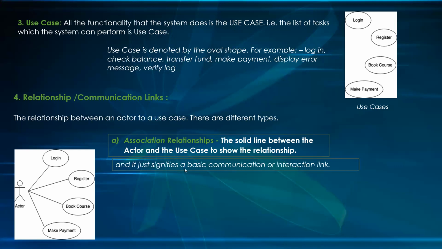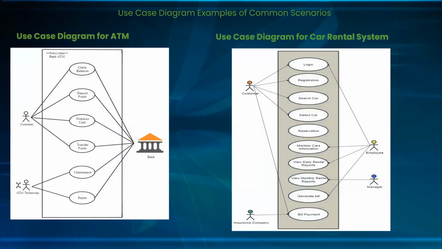We can see an example here. This triangle line inside is the system. And this is the actor. We have another actor here, which is the ATM technician, and we have another actor here, which is the bank. Now, another thing I didn't mention is the actor can be a person or a thing.